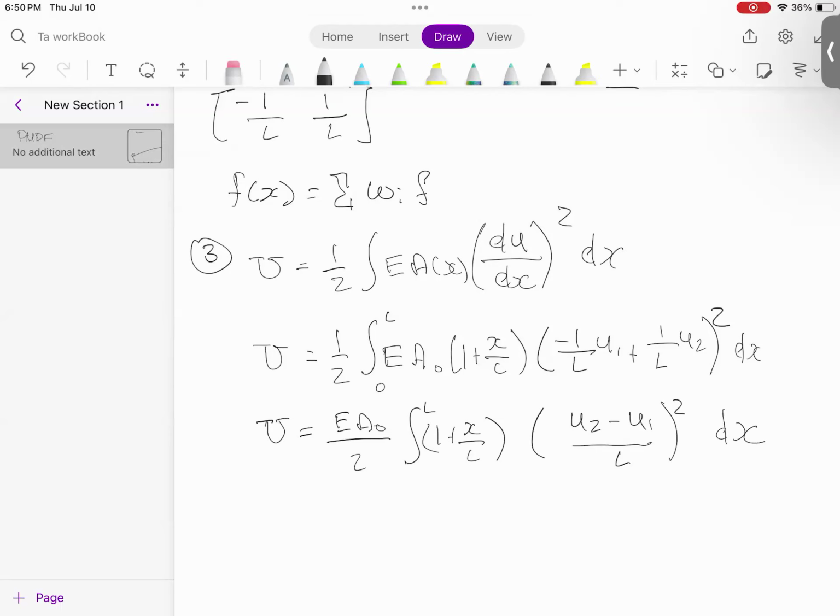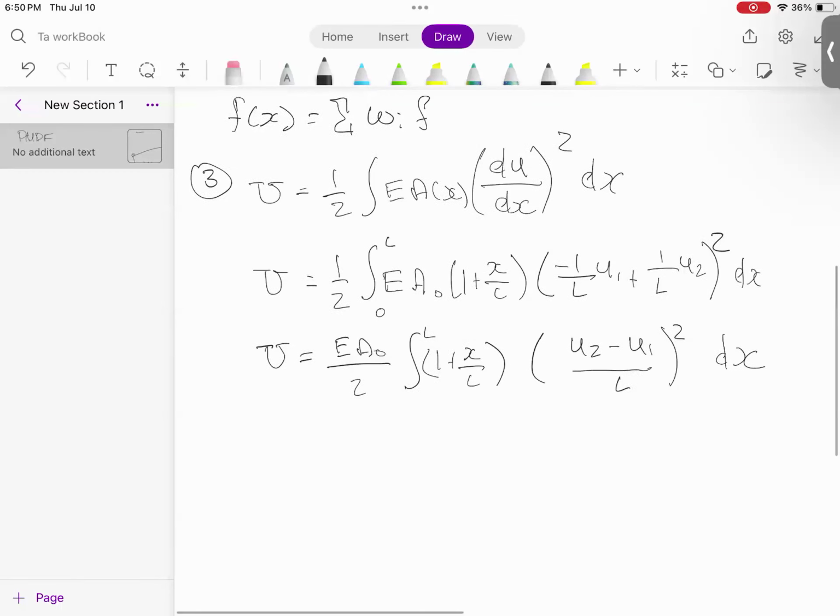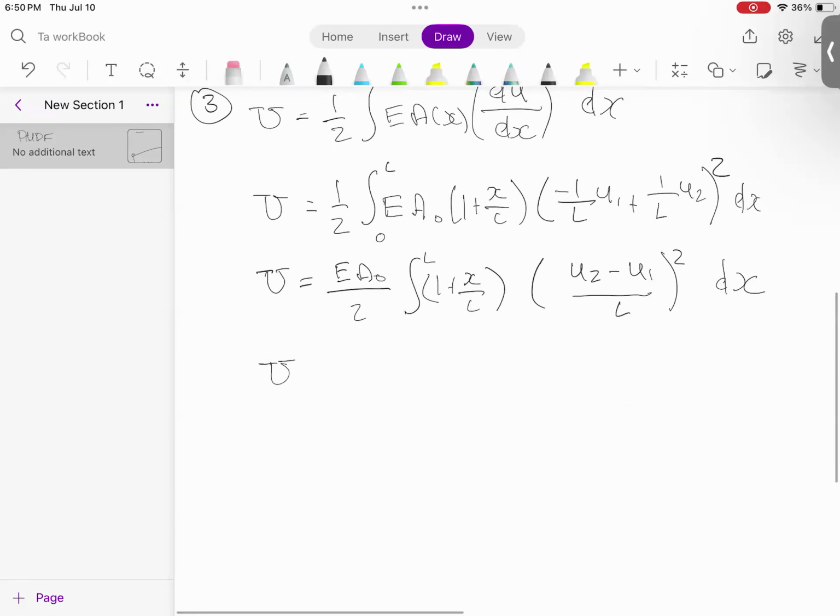Now that we have this, we can evaluate the integral and reduce the bar problem. So we have E A naught over 2 times (u2 minus u1 over L) squared times the integral of 1 plus x over L.